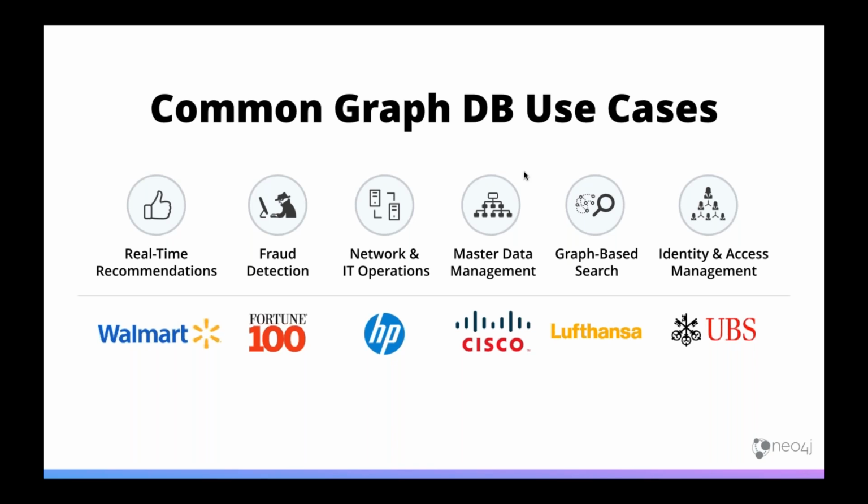So understanding where all your information is and how it's connected has a lot of implications for governance, but just as well for call centers and for being able to find information when they need it. So that's an interesting use case, or I should say a use that spans a lot of use cases. And then graph-based search as well. So being able to search and find information that's connected to other information that is then connected to 4 other pieces of information. And identity and access management.